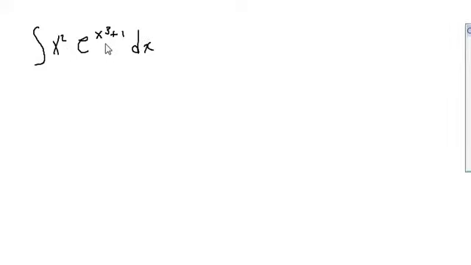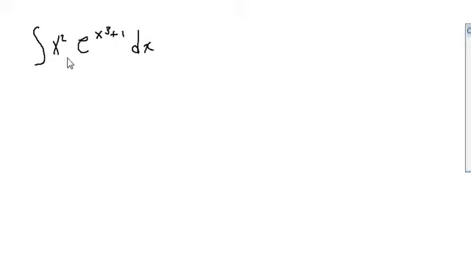So I would not be able to use it if I only had an x here. If I had an x cubed here, I would still not be able to use integration by substitution, because when I take the derivative of x cubed plus 1, I end up with 3x squared.